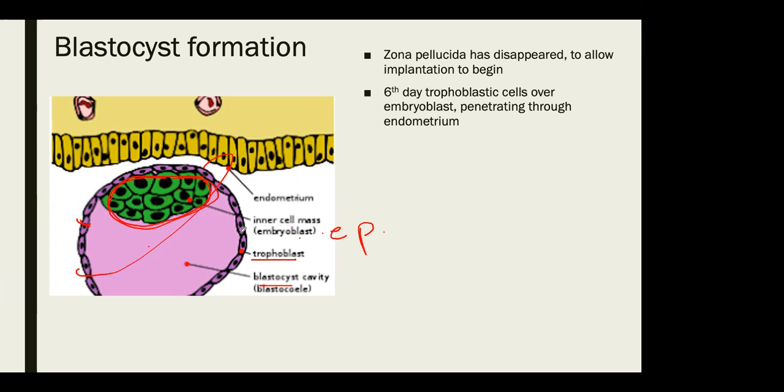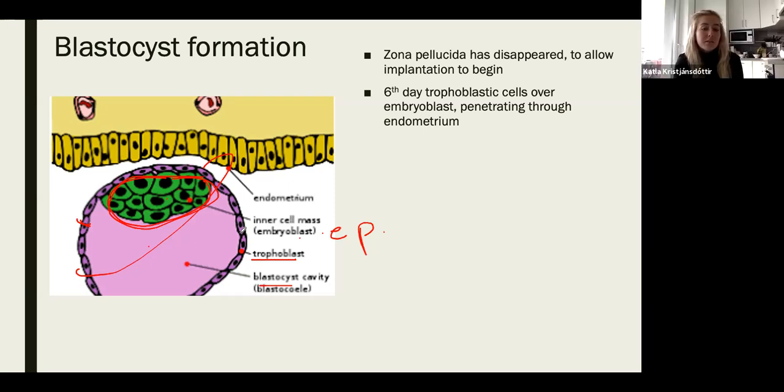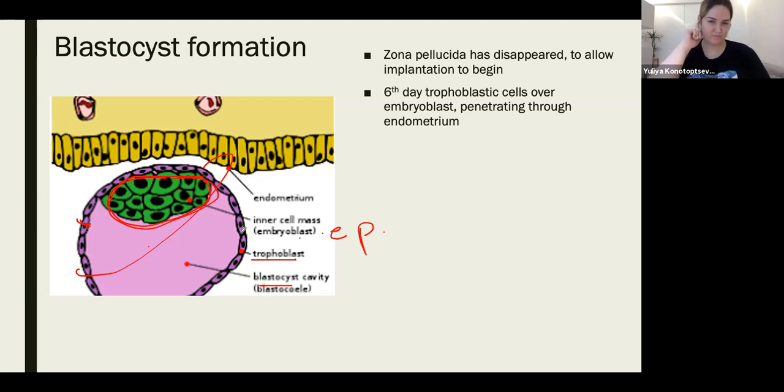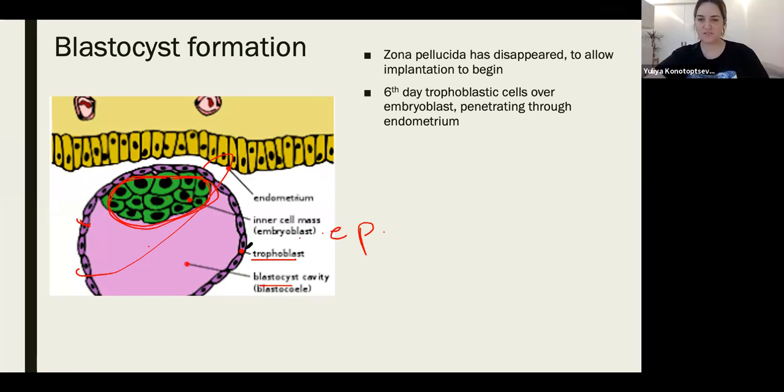They're multi. Why is trophoblast a multipotent stem cell? They can only become one thing. And what is that one thing? Placenta. So trophoblasts are multipotent stem cells because they can only become placenta.